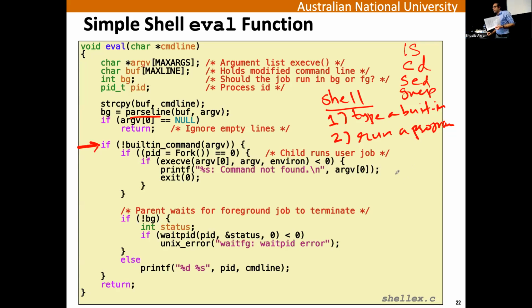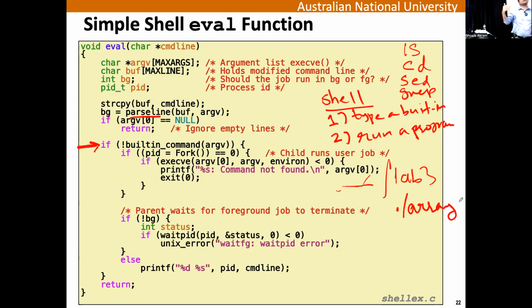And if you're in the same directory as your lab folder, lab 3, for instance, and you type ./array, then the shell now has a job to do. It needs to figure out if it's a built-in command. So ./array is not a built-in command. So the shell needs to run a program for you. You're asking the shell to run a program.